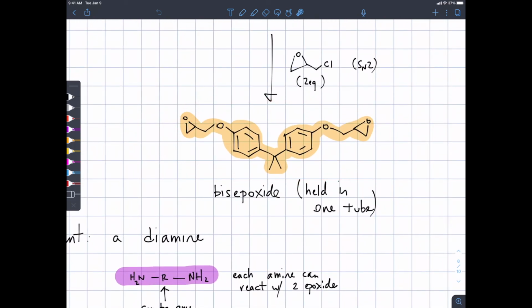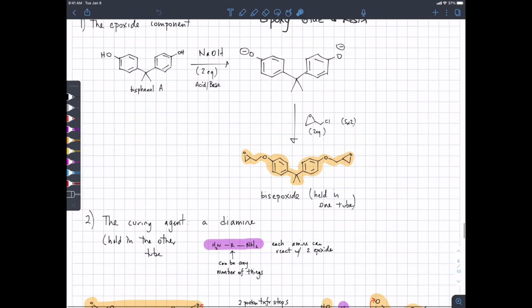Here is the 3-membered ring. This is a linker between the two. For those of you who care, this linker between the two is called bisphenol A, or BPA, and you may have heard about that in the news as an undesirable component of things like plastics for baby bottles. We can talk about that later.